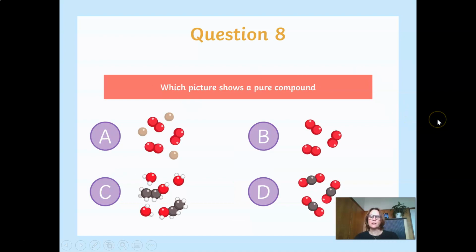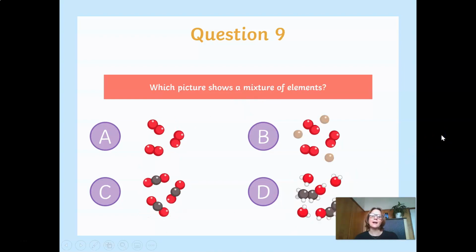Which picture shows a pure compound? Now, a compound is two or more atoms that are chemically joined. Right, take a good look at these pictures now, because this is where it gets a little bit more difficult. Which picture shows a pure compound? Two or more atoms joined together. There we go. Question 9.